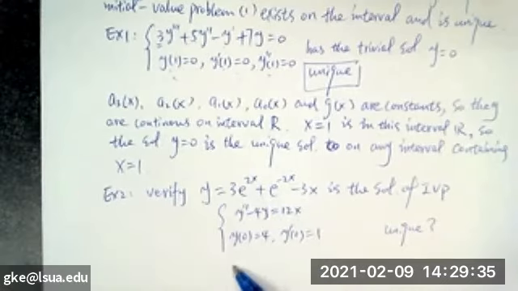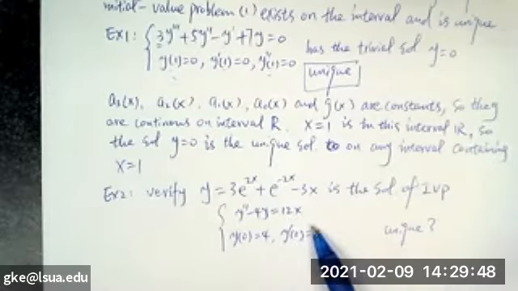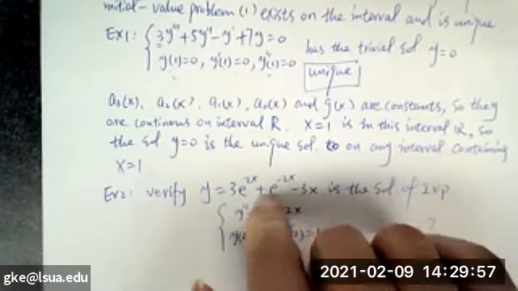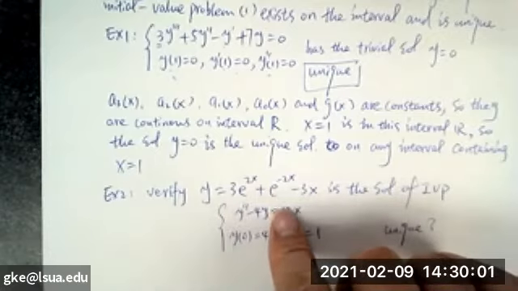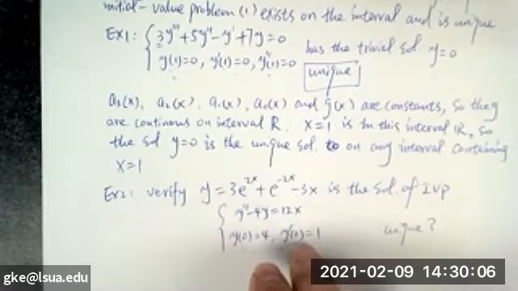Also, you need to check the initial conditions. Check x equals 0, whether y equals 4. And do the derivative first, then plug in 0, whether the first derivative equals 1. So basically you're going to check two steps: first, that this is a solution of the ODE, and second, the initial conditions.